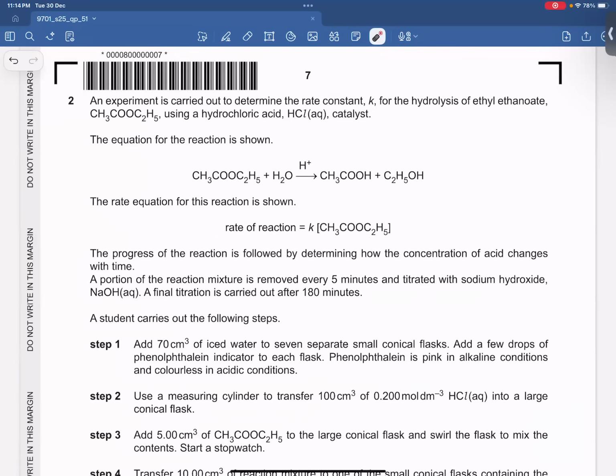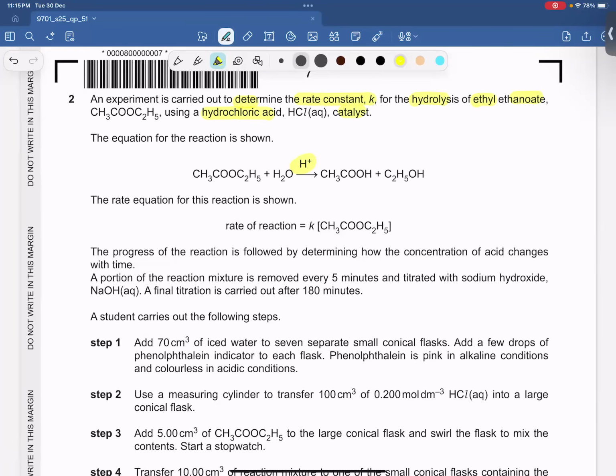All right, an experiment is carried out to determine the rate constant k for the hydrolysis of ethyl ethanoate using hydrochloric acid as a catalyst. The equation for the reaction is shown. The rate equation for this reaction is shown. So with respect to the ester, it is first order.